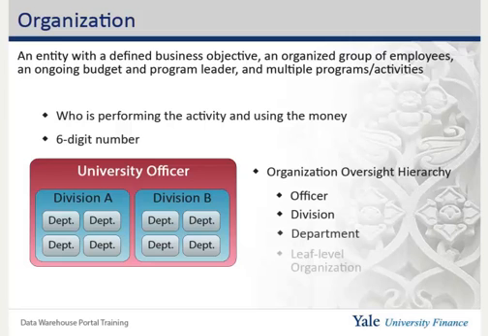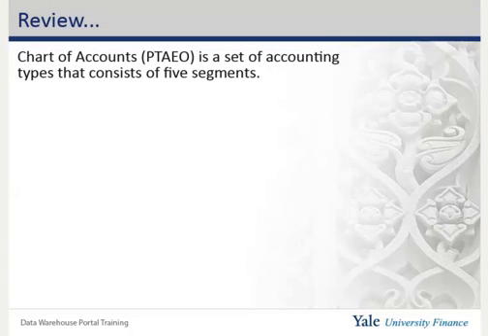An organization is the lowest organizational unit level of the university's fiscal oversight hierarchy, sometimes referred to as leaf level org. It is the lowest level at which transactions take place within this hierarchy, and in this way allows the university business community to track expenses pertaining to the activities of that organization. Let's review what we've learned so far.